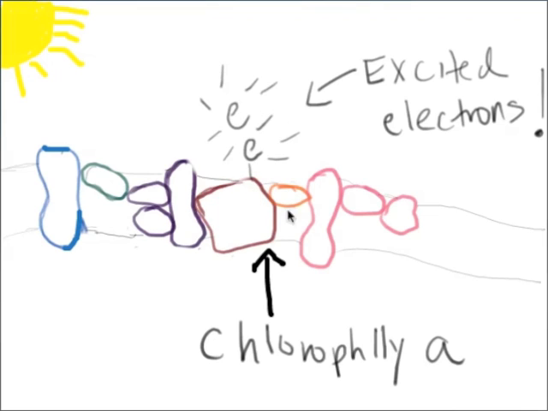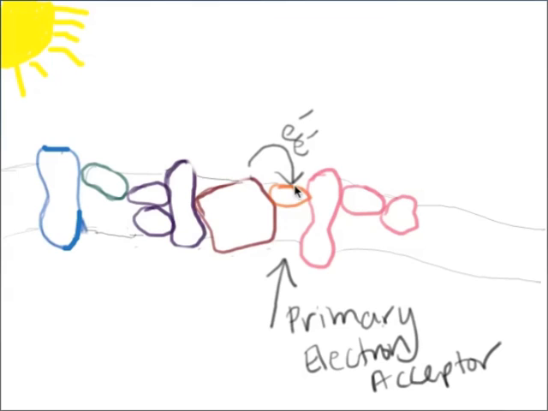These electrons become excited, and once again they have enough energy to be transferred to the primary electron acceptor of photosystem 1. Once again, the primary electron acceptor is gaining electrons, so it's being reduced, and the chlorophyll A molecules that lost them were being oxidized.